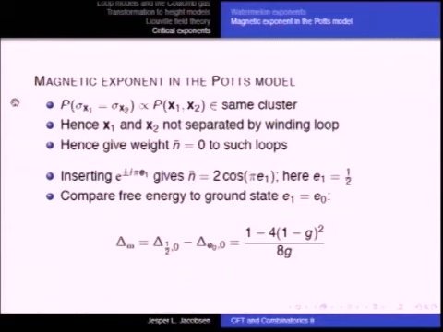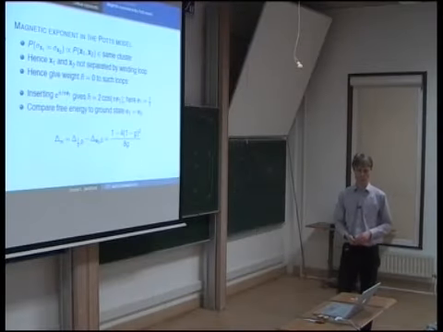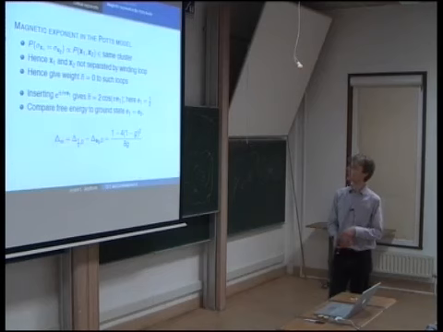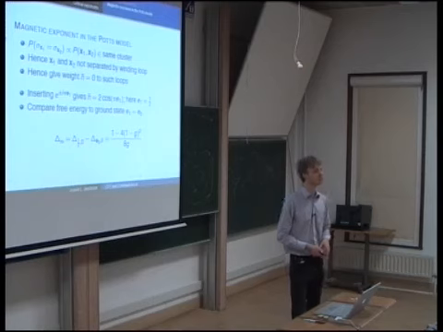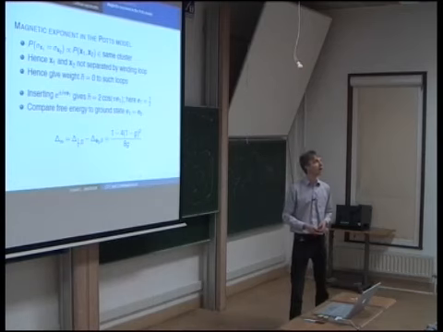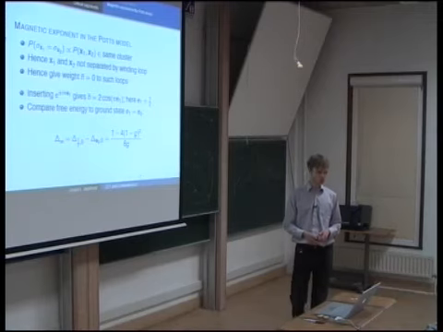And then I would have to compare the free energy of that to the free energy of the ground state, where e1 is equal to e0. So delta magnetic would be delta 1/2,0 minus delta e0,0, and I get this result here. So that's the magnetic exponent of the Potts model. And so in particular, that will prove to you that the dimension of a percolation cluster is 91/48.